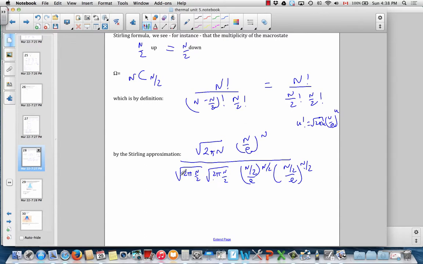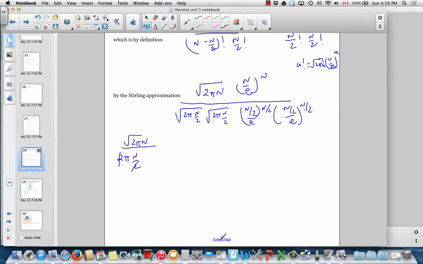You're just squaring this bracket, so that ends up being 2 pi n over 2, and then the 2's cancel. I didn't do anything with the numerator, but I multiplied those two things together. And then we could take one more step, so we see that we've got root 2 pi n over pi n. That works out to be root of 2 over pi n.